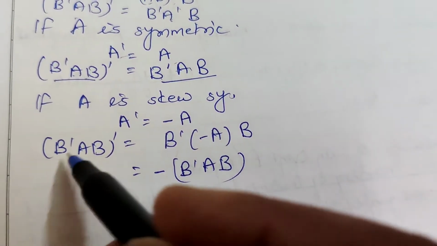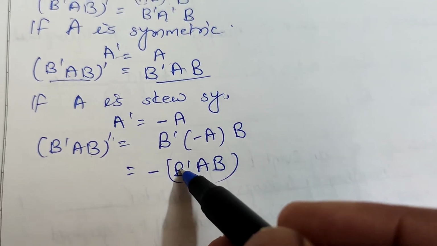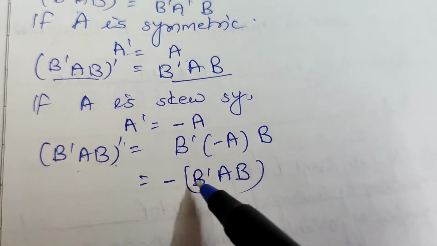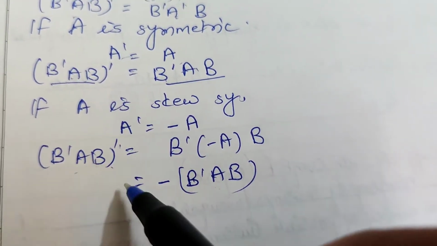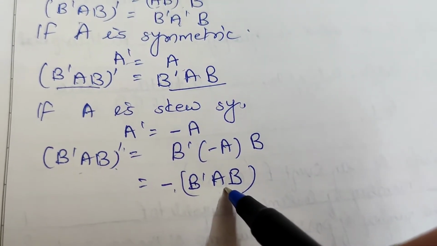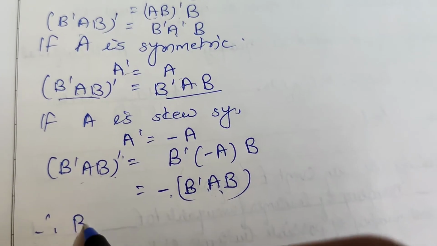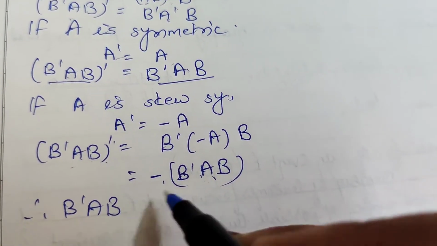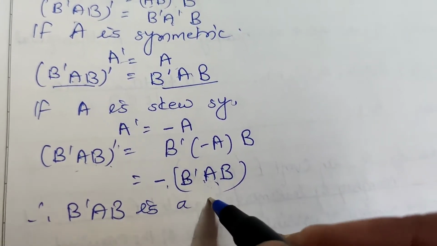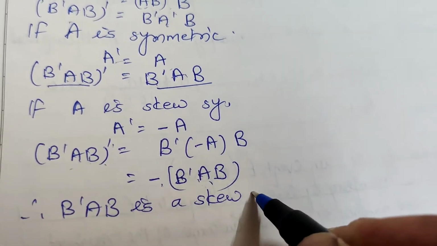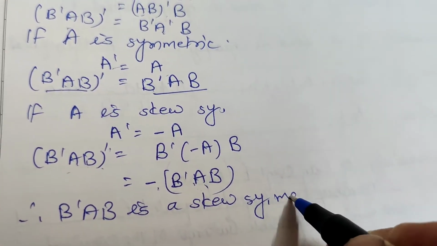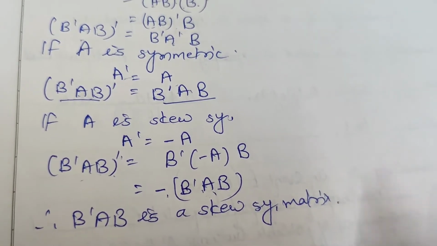It means B dash A B is also a skew symmetric. कोई भी मैट्रिक्स अपने transpose of matrix is equal to the negative of the matrix itself is known as the skew symmetric. Therefore B dash A B is a skew symmetric matrix. Okay.